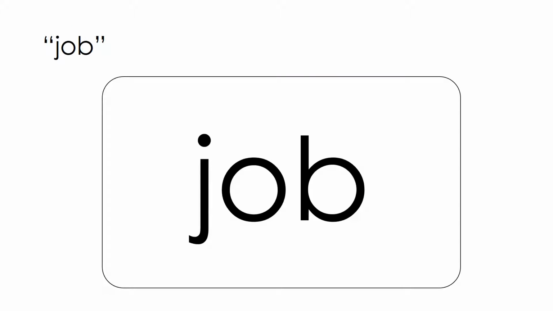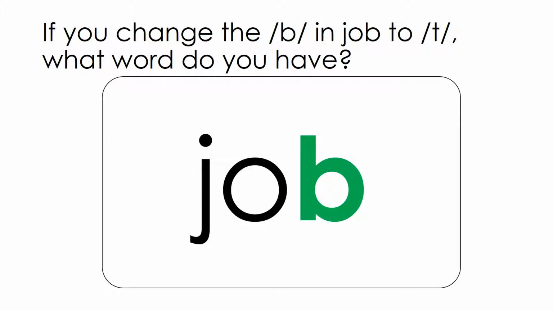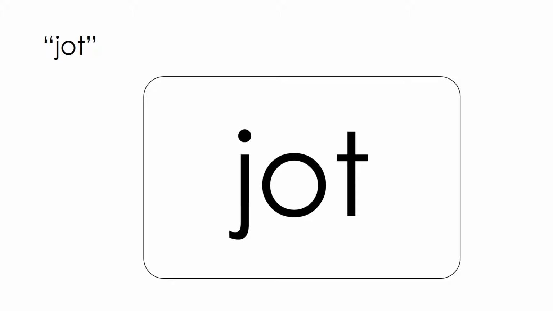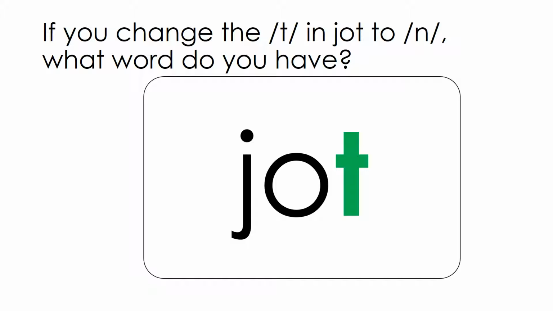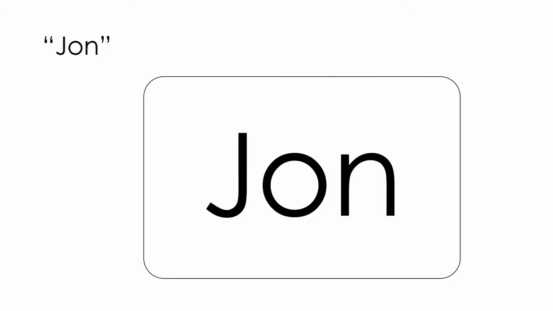Job. If you change the B in job to T, what word do you have? Jot. If you change the T in jot to N, what word do you have? John.